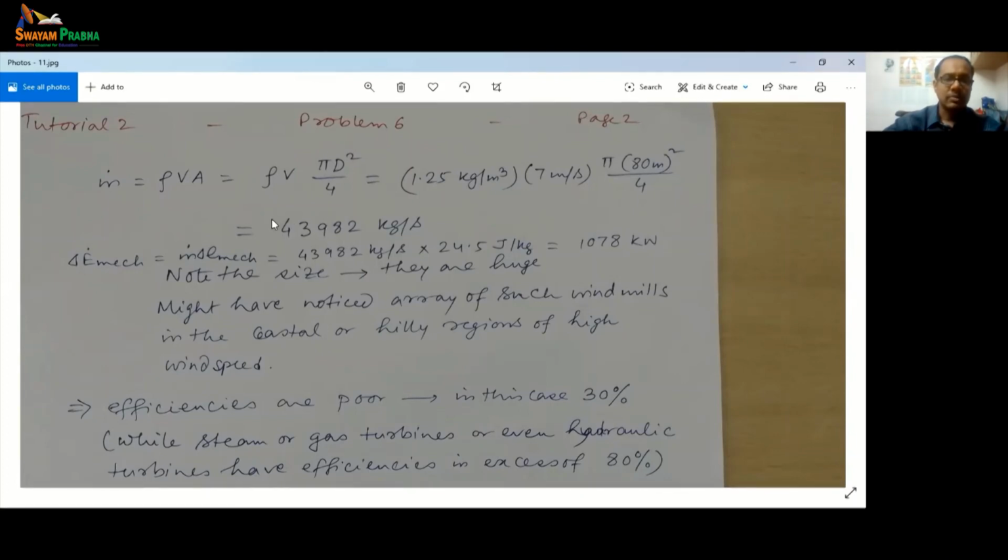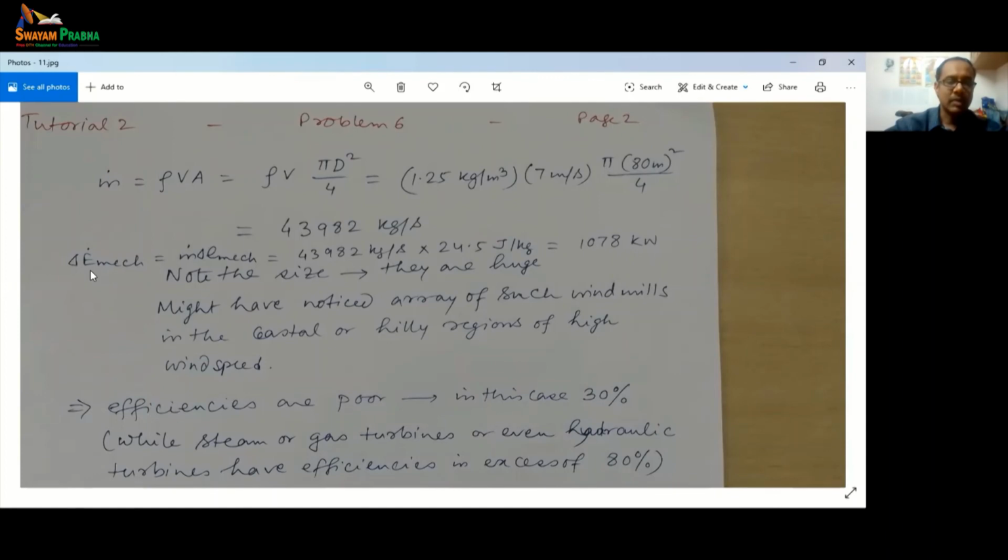And you see the mass flow rate is 43982 kg per second. So it's air. You can think of the amount of air that's actually flowing, 43,982 kg per second. And that is why we need these big windmills.